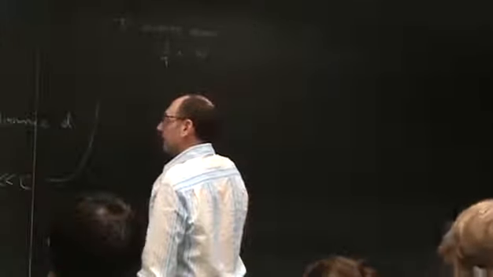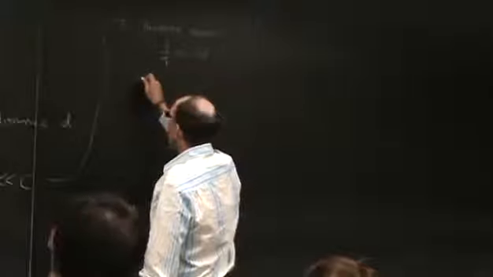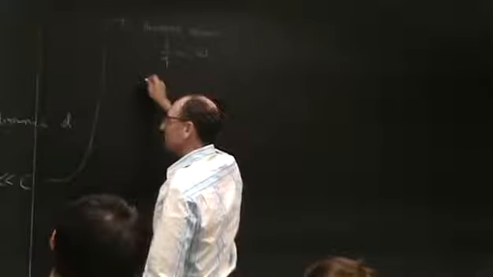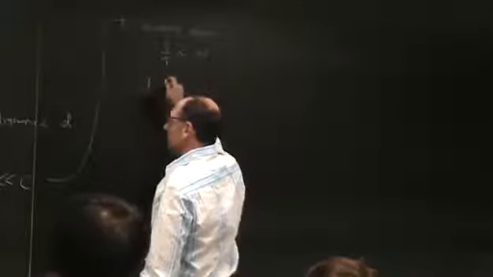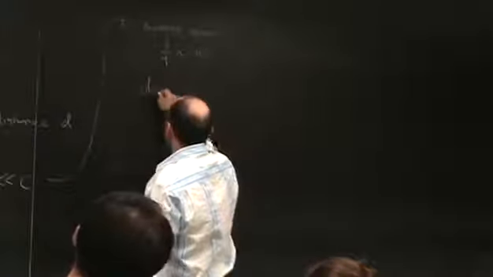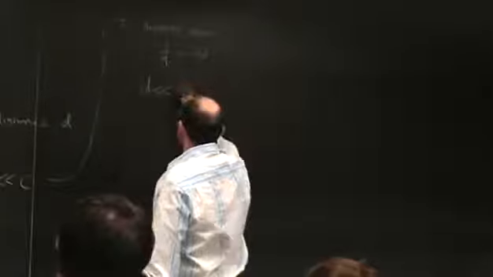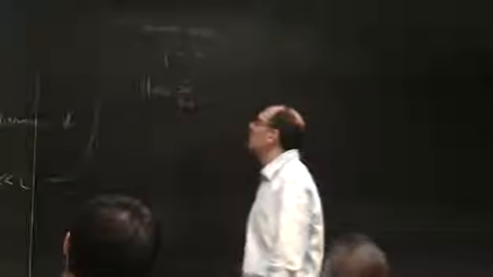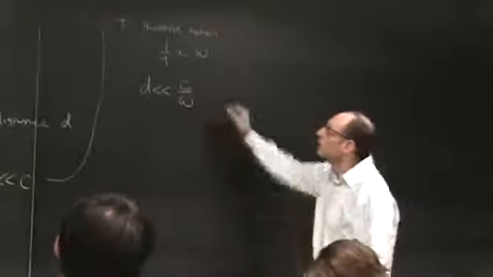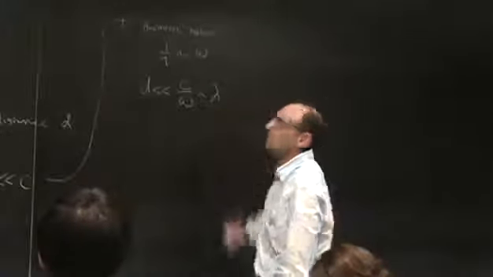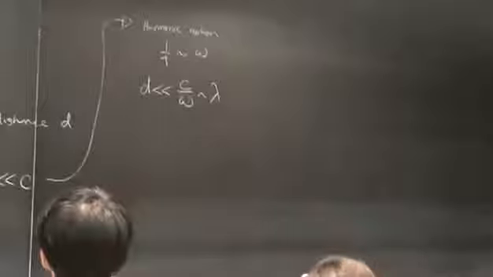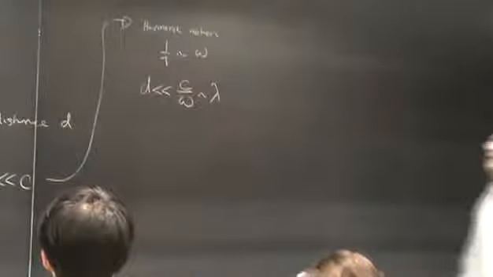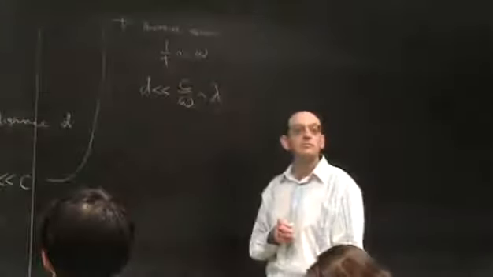What do we have here? That means that this approximation is equivalent to saying d is much, much less than c over omega, which is like the wavelength associated with electromagnetic radiation that was oscillating at that frequency.